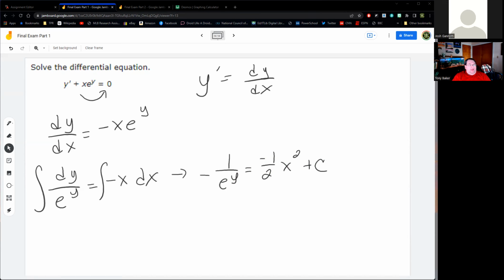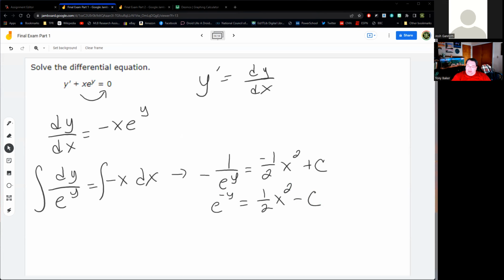Now, this one, I only have one y, so I actually can solve this one explicitly for y. So you want to do that. The first thing I'm going to do is move that e to the y up top, so it's going to be e to the negative y. Since it's negative on both sides, I can get rid of the negative sign. So this is just 1/2 x squared, and then it's minus c, so I'm changing all the signs.